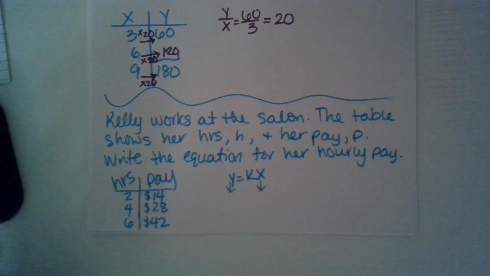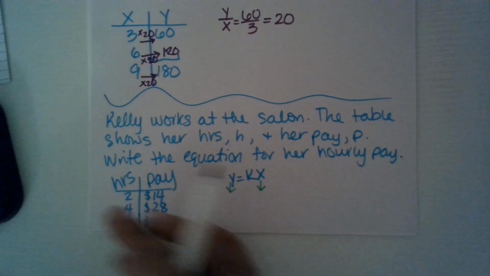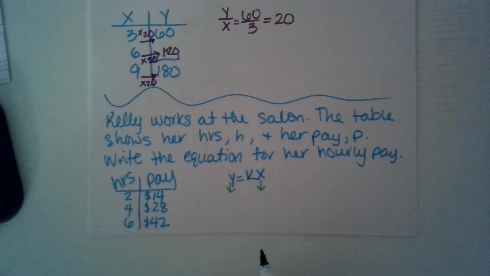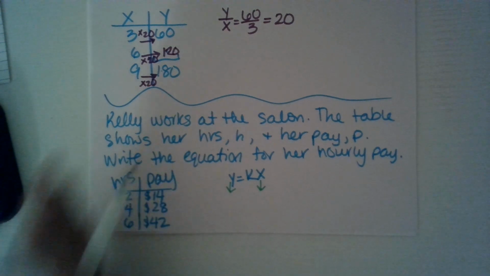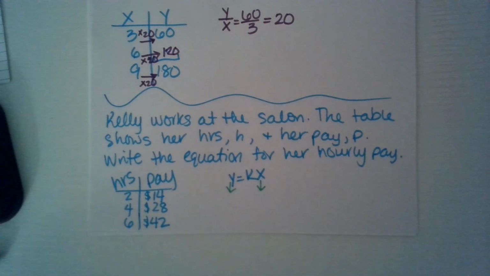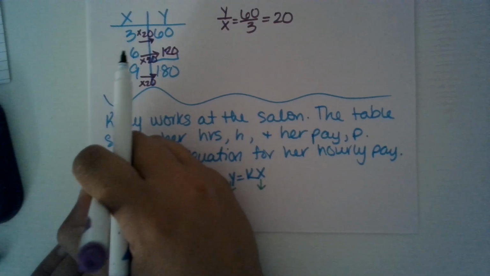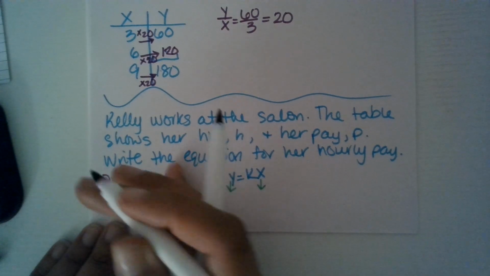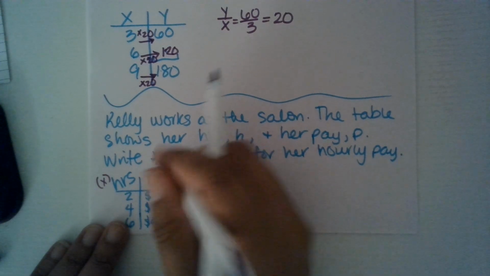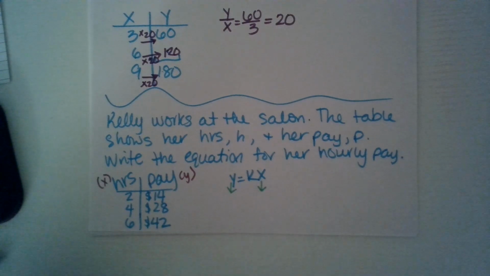Now, this is the tricky part, where I'm telling people you need to think about the way they set this up. From a table perspective, every single time your left column will always be written as your X values. Your column on the right should always be represented by your Y values.